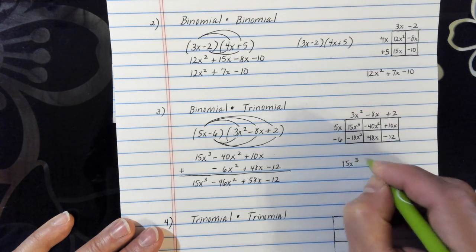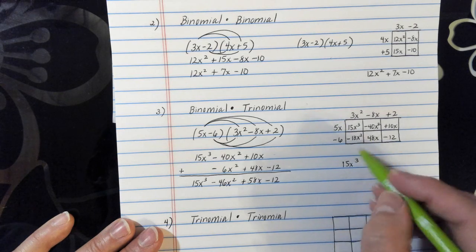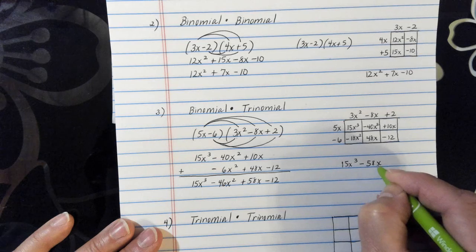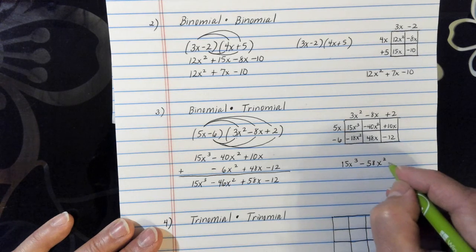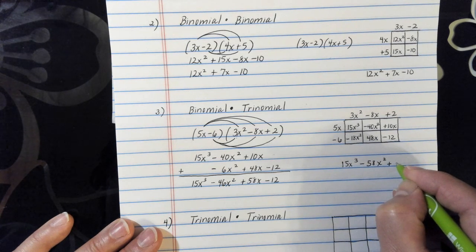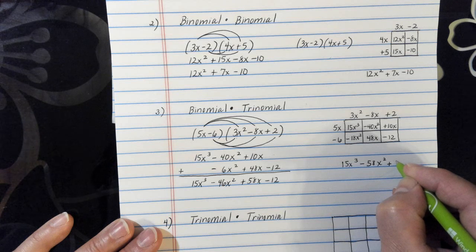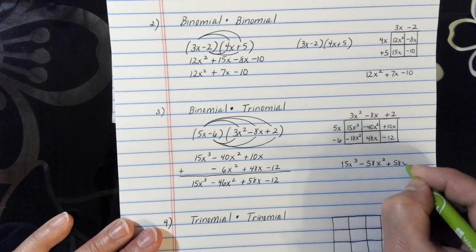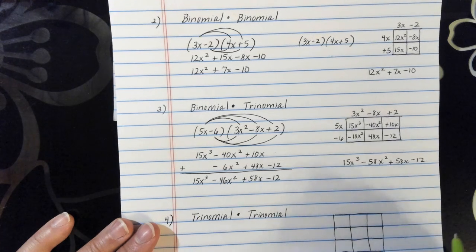Doesn't matter which way you show your work, you should end up getting the same answer. Really? What did I do wrong? Oh, that's nice. And negative what went wrong?